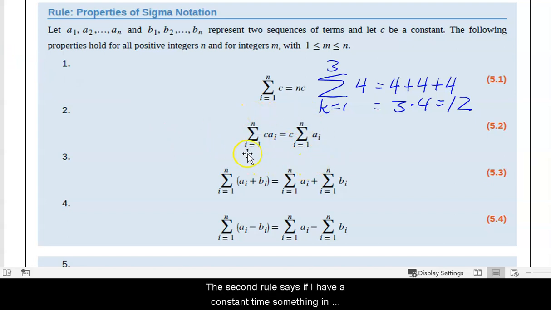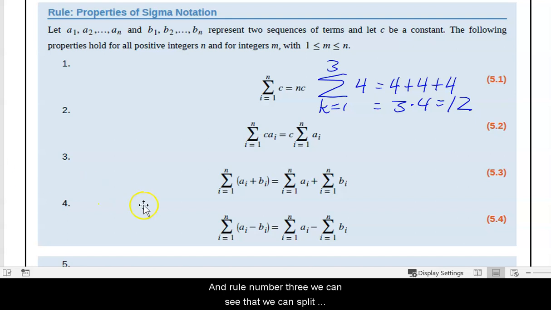The second rule says if I have a constant times something in the middle, I could pull the constant out. That's simply because the constant becomes a common factor and is present on every term, so you could factor it out of the sum and then sum the numbers together. That should make sense to you.